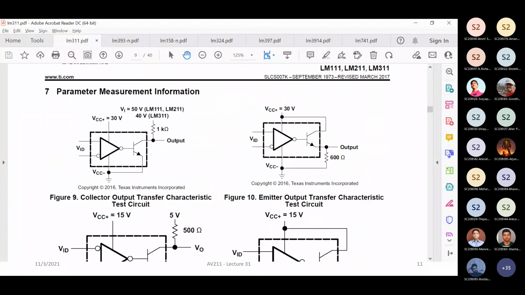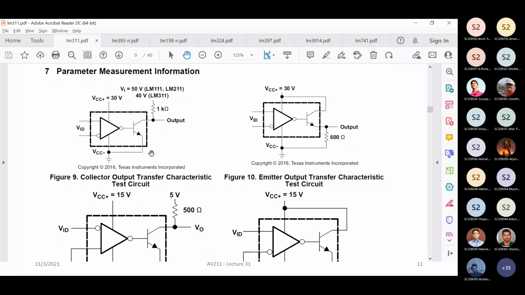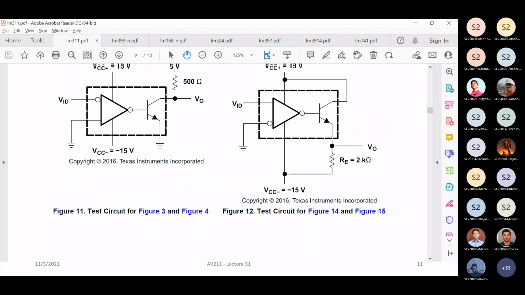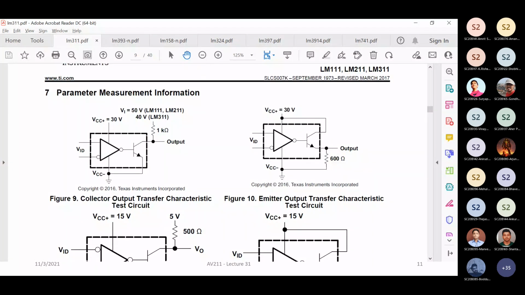Let me show you the circuit that they use here. So this is a typical one, where is your comparator output, right? You can basically put a pull-up resistor here. This particular comparator IC requires you to put a pull-up resistor. So you give an input differential signal here. Here they have given plus 30 volt and 0. You can also give plus minus 15.